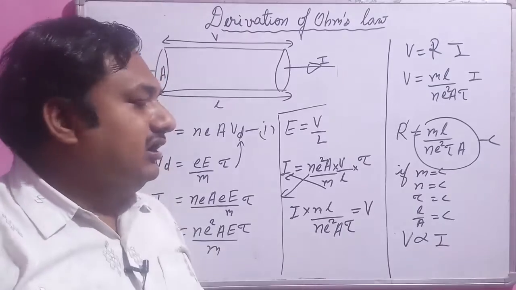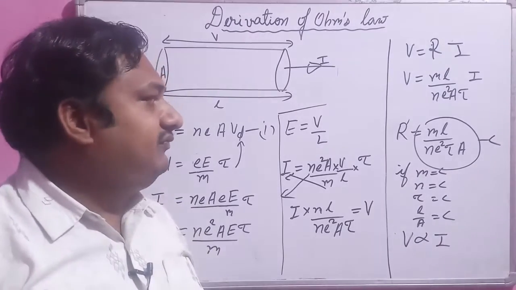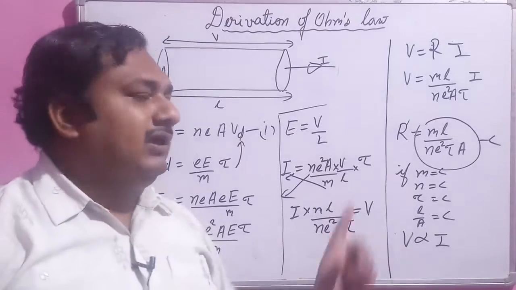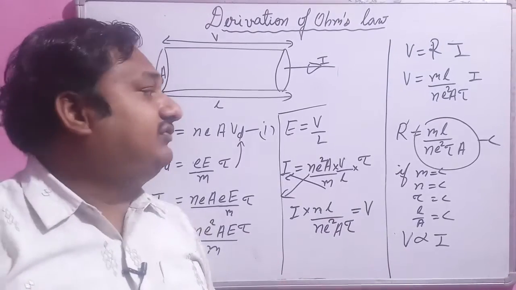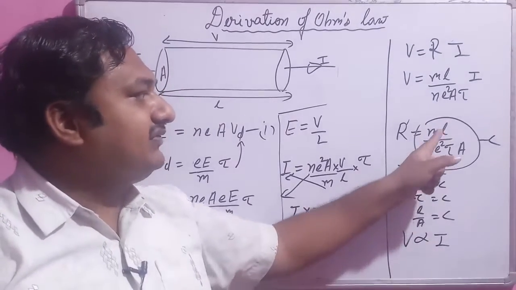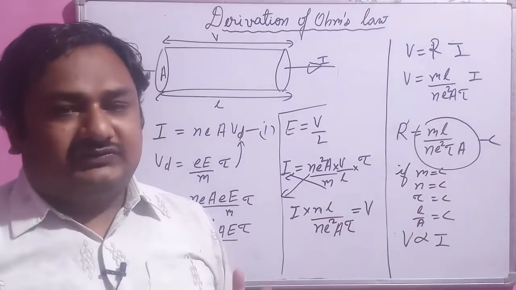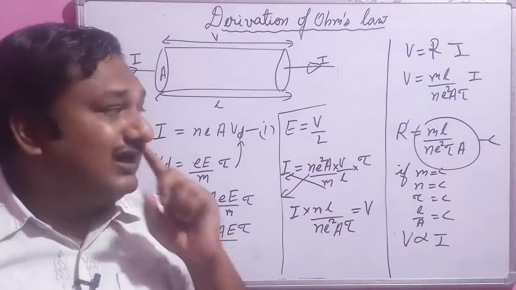In upcoming videos we will learn the limitations of Ohm's law, but here we assume a standard situation in which these parameters, mass, length, area, relaxation time, charge and number density, are constant.